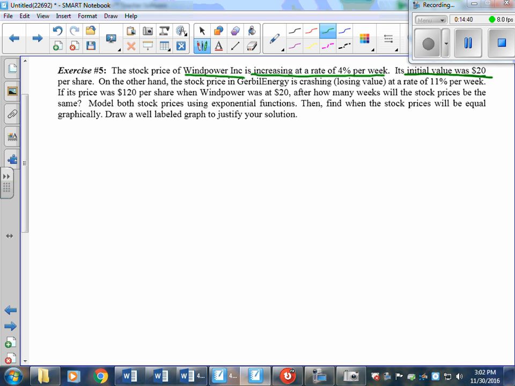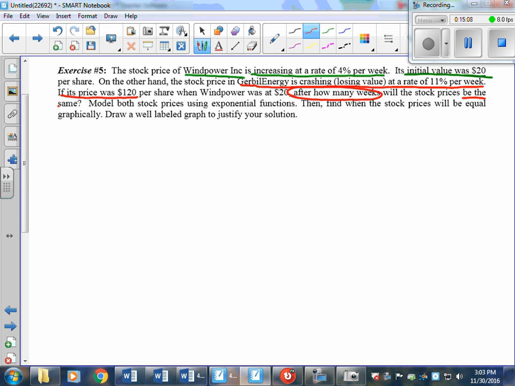On the other hand, the stock price of Gerbil Energy is crashing, or losing value, at the rate of 11% per week. And if its price was $120 per share when Wind Power was at $20 a share, after how many weeks will the stock prices be the same?